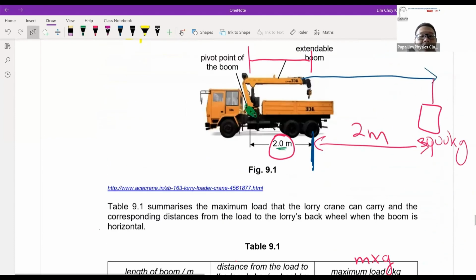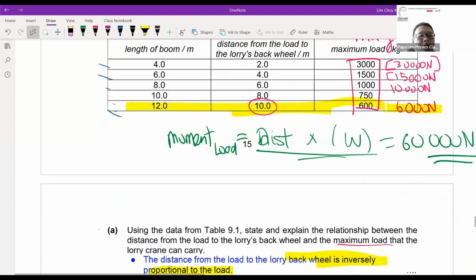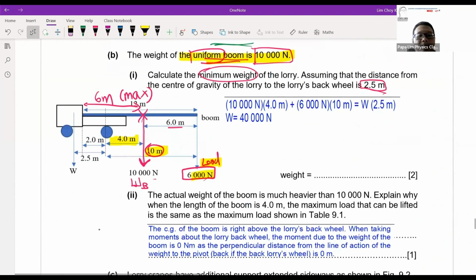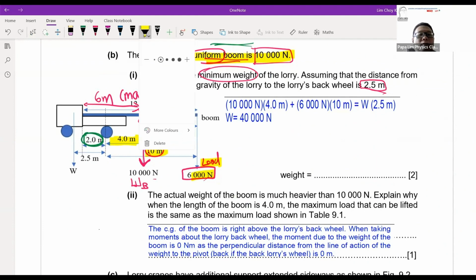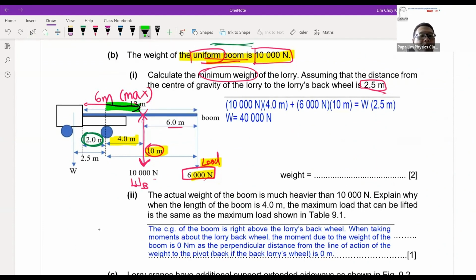So this 2 meter is here, and I know that the right side of the boom is 6 meter. If I know the front part is 2 meter, I will know that the back part here will be 4 meter. So that's why I know that the weight of the boom is 4 meter from the back wheel, given the information I have from figure 9.1.